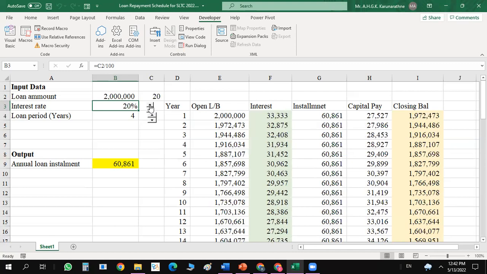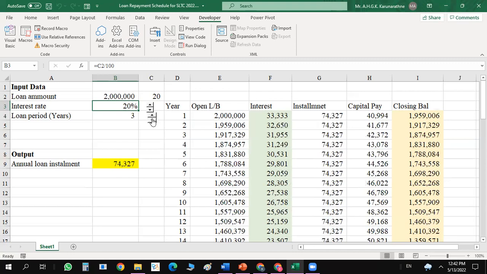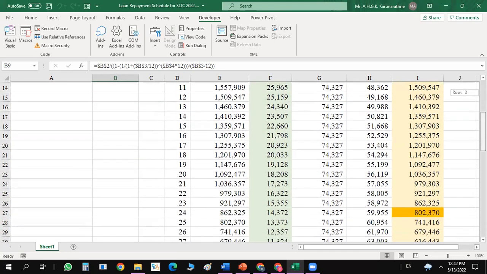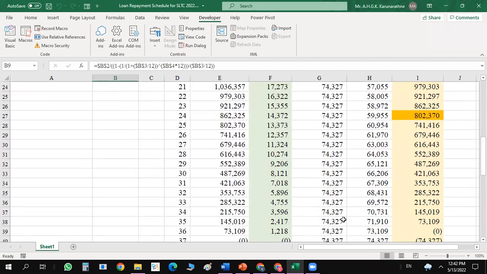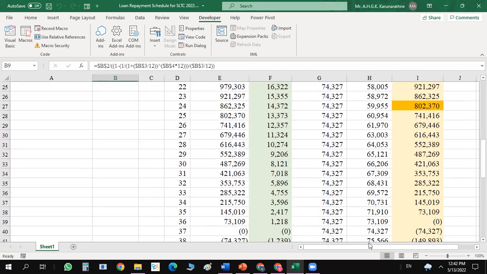You just quickly adjust, and the loan repayment is for 3 years, right? With this installment, at the end of 3 years, the balance should be 0. At row 36 the loan balance answer is 0.